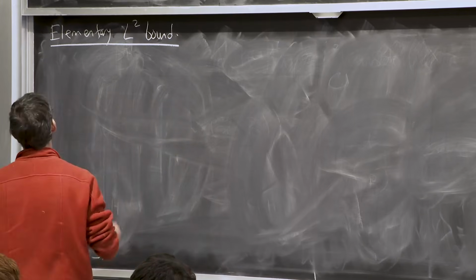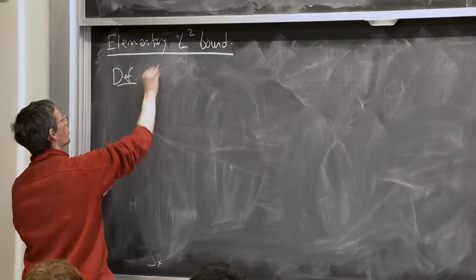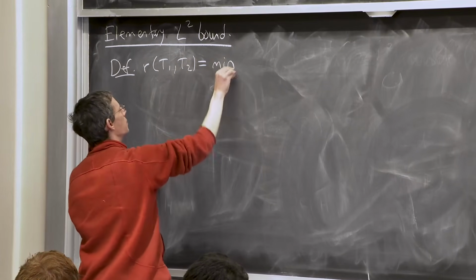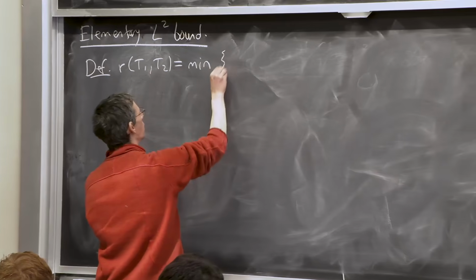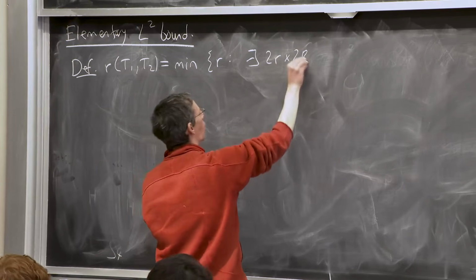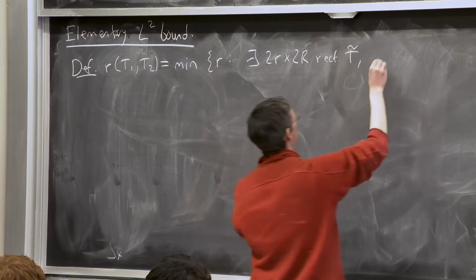So let's make a definition. The width r in between T1 and T2 is the minimum r so that there exists a 2 little r by 2 big R rectangle tilde T that contains them both.